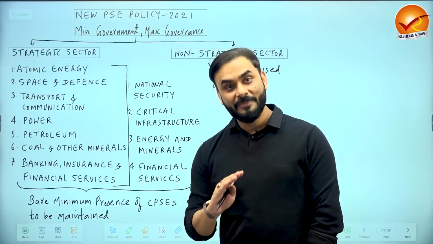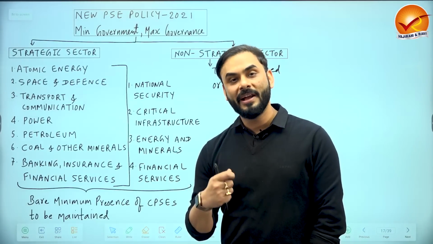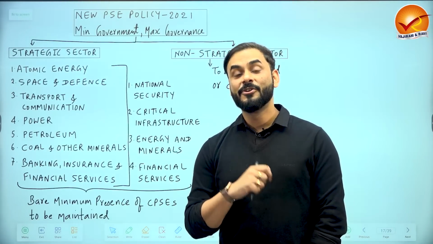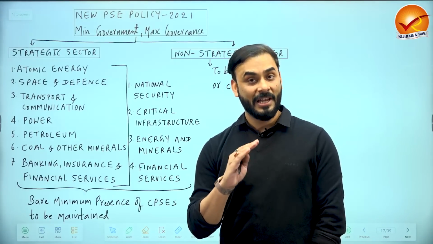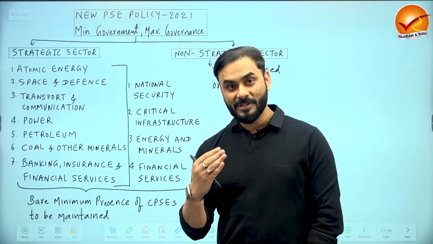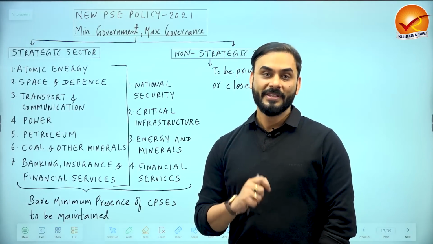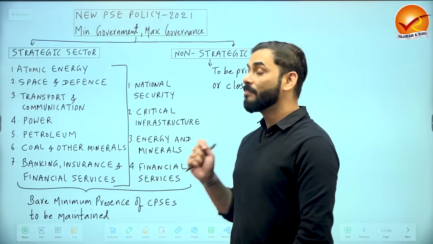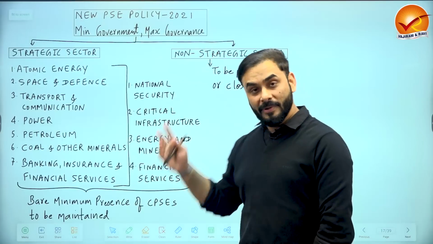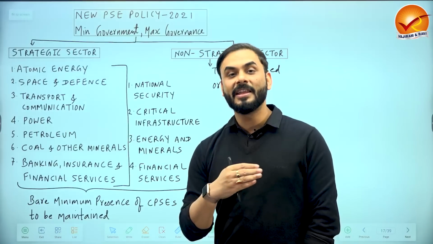Our presence will be minimum, but we would make sure that we regulate and govern in an efficient manner, which means physical presence of government will be less, but through governance and other reforms, government would regulate the industrial sector. This is the new philosophy, which means minimum direct government interference, and maximum governance means government would try to regulate things in an efficient manner.